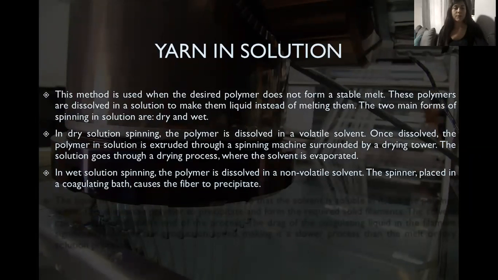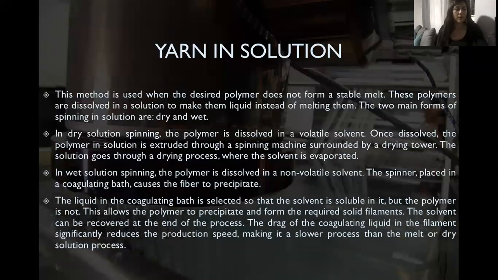In wet solution spinning, the polymer is dissolved in a non-volatile solvent. The spinneret placed in the coagulating bath causes the fiber to precipitate. The liquid in the coagulating bath is selected so that the solvent is soluble in it, but the polymer is not.